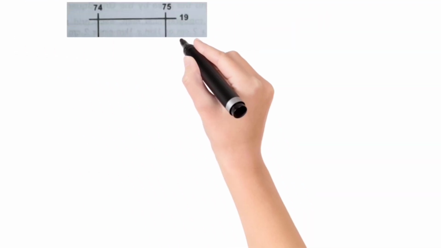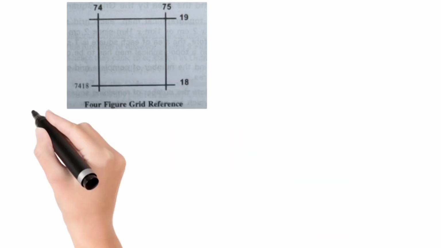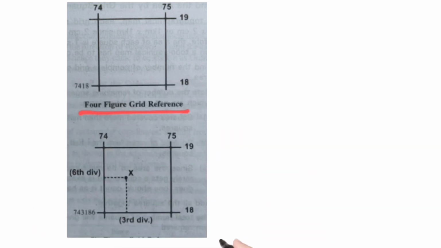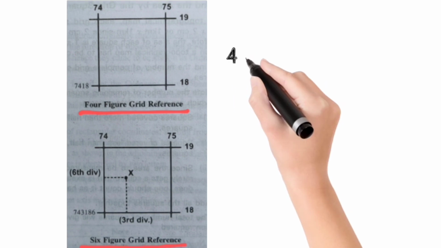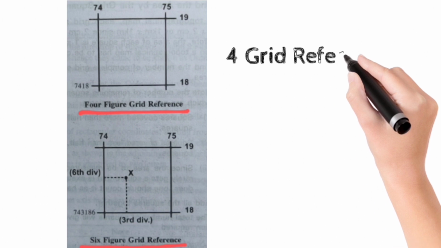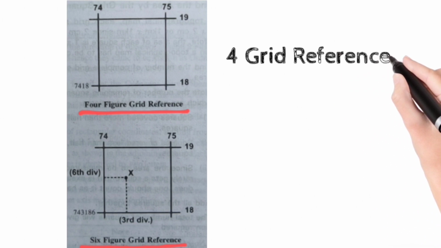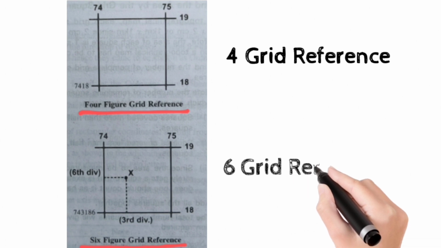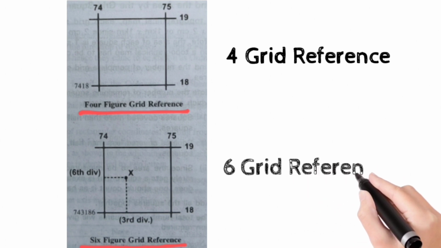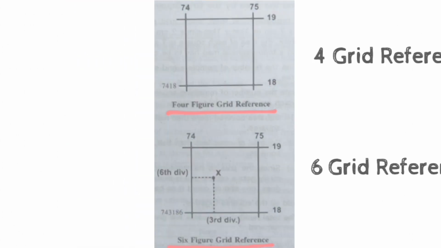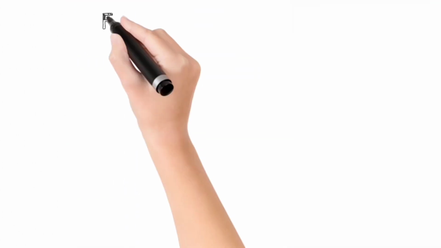Now let's know about the 4-figure grid reference and 6-figure grid reference. A 4-figure grid reference has 4 figures which tell about a general location which is not so exact, or we can say less accurate, whereas a 6-figure grid reference has 6 figures and gives the exact location with greater accuracy.